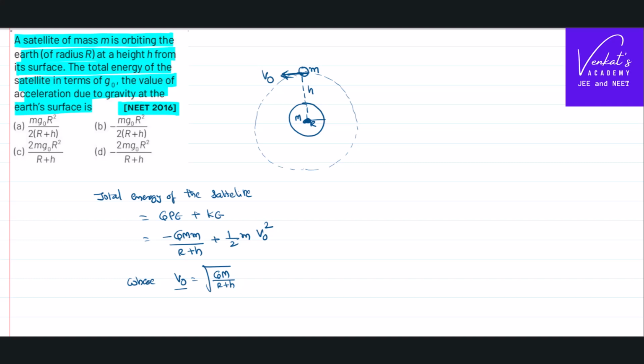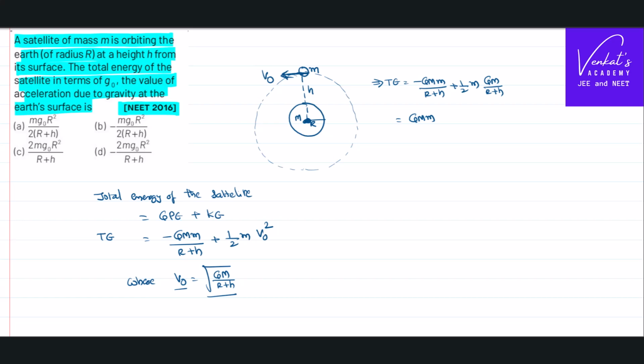I can substitute this value here. That implies the total energy is minus GMm by r plus h plus half m v orbital square, which is GM by r plus h. So what I can take common is GMm in both of them.